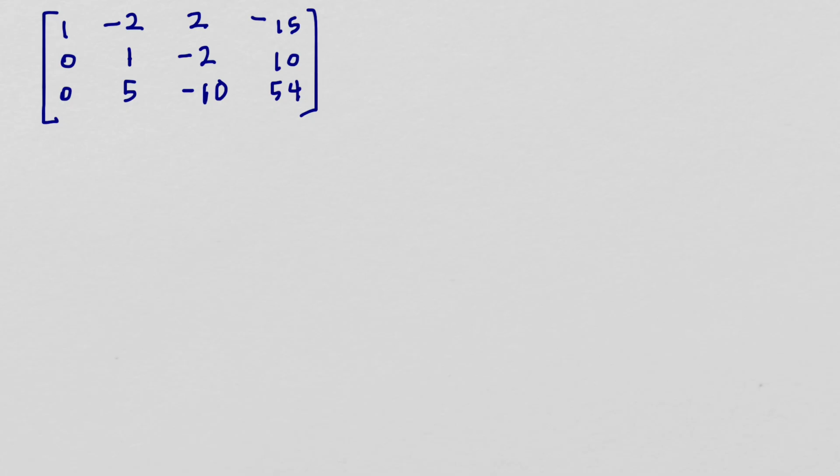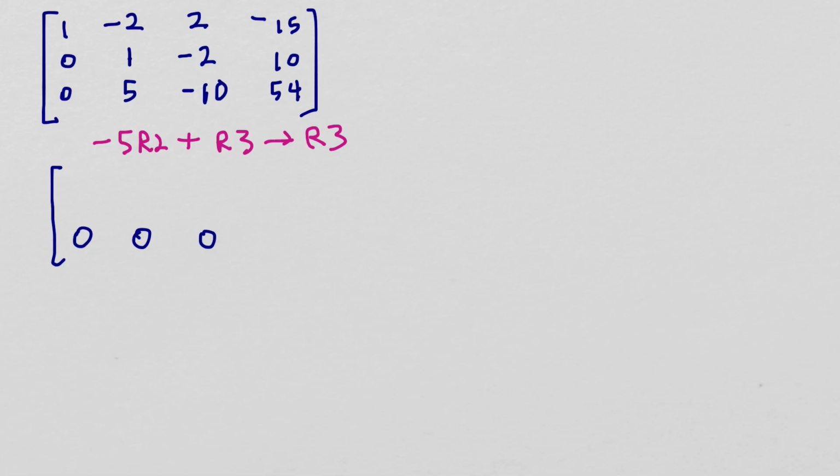So that would be -5 R2 plus R3 gives new numbers on row 3. The 0 isn't going to do anything to this 0. So that's -5 plus 5 is 0. And that's 10 minus 10, which is 0. And that's -50 plus 54, so that's 4. And I put the other 2 rows back up. And then I have that.